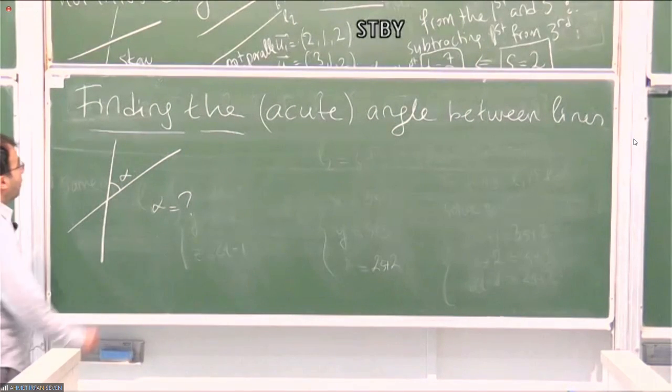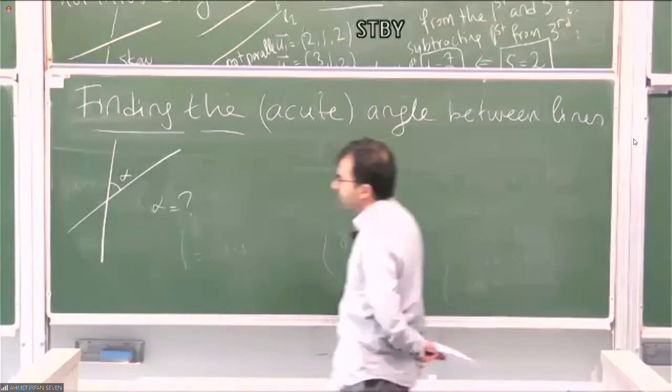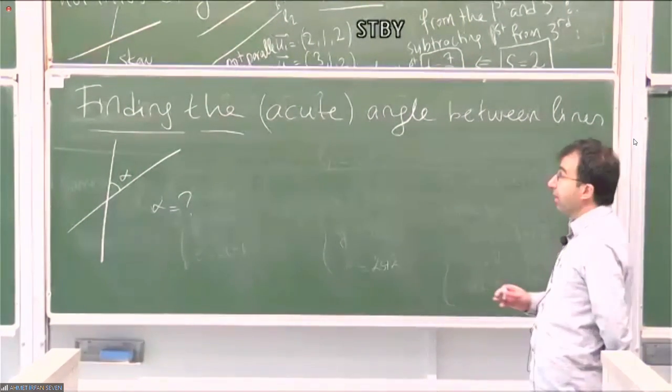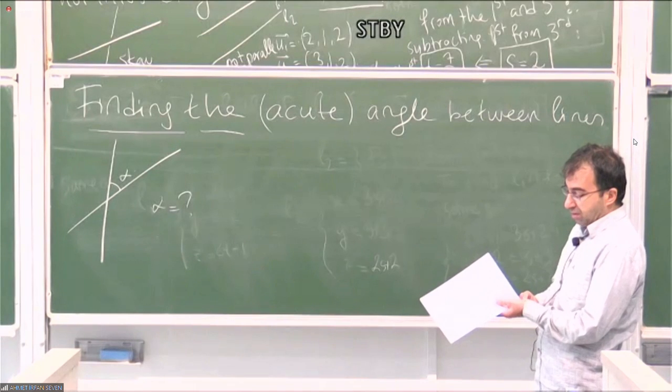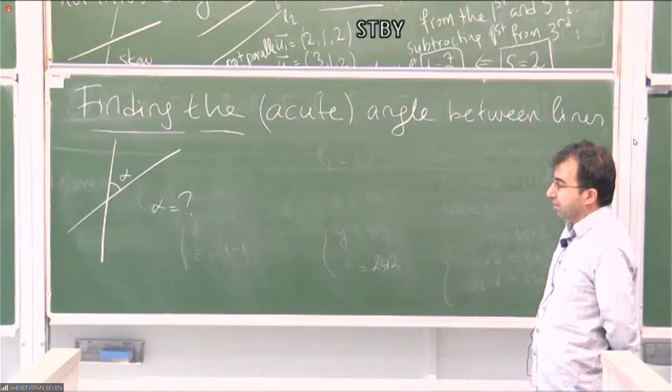All right. So for this we use the direction vector. To find the angle, when we hear the term angle, we should remember the angle between vectors. How do we find it?